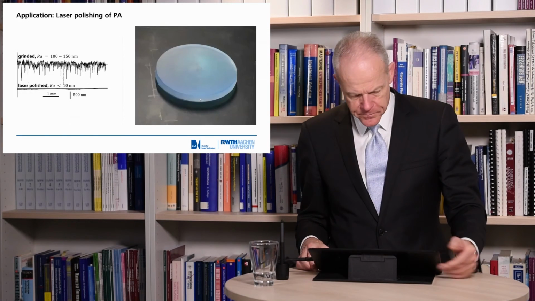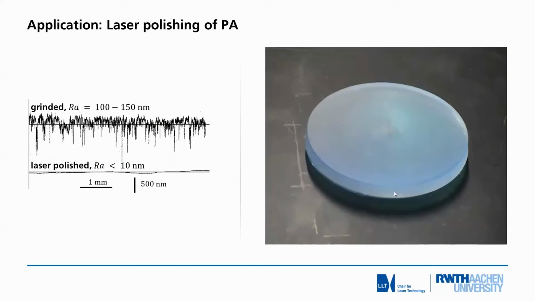As an example, I picked 2 cases in which melt formation plays a dominant role. In this case here you see the polishing of a polyamide disc. It is a plastic disc of maybe, there's no scale, say 3 centimeters in diameter. And on the left hand side you see the result when it is grinded. So as it comes out of production, it has typical roughness values of Ra somewhere between 100 and 150 nanometers.